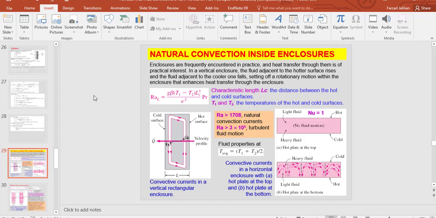In this enclosure, of which you can see an example here, we don't usually have any pump or fan. If we have a pump or fan inside, like our laptop for example, which can be considered an enclosure with the electrical components inside, but with a fan, then it is forced convection.